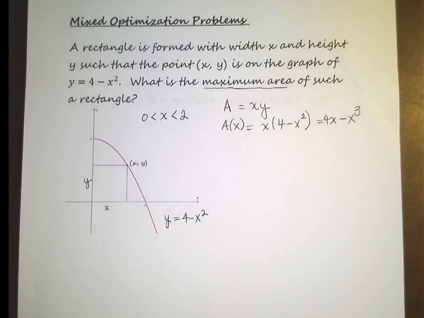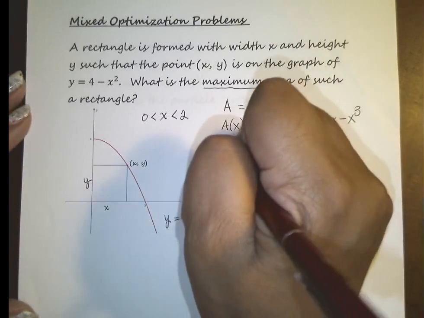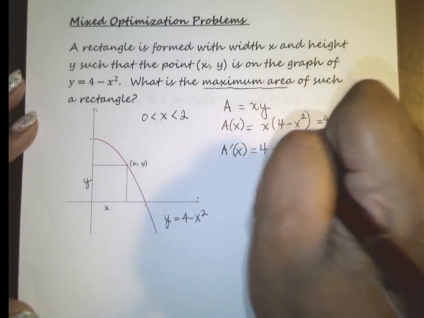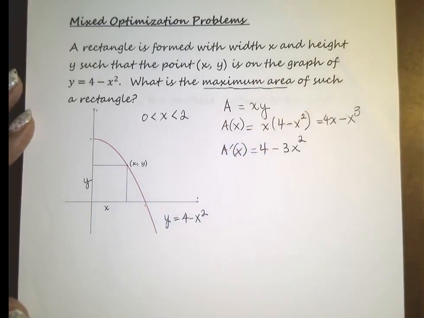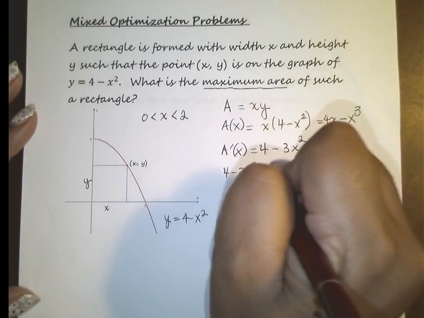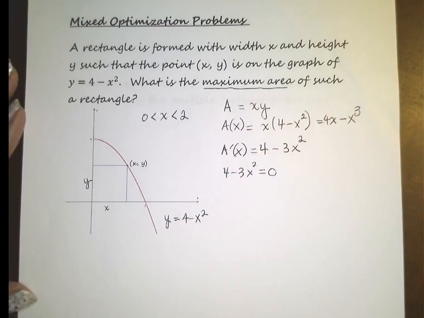Since we want to maximize the area, we need to find the derivative of the area function. A prime of x is equal to 4 minus 3x squared. I'm going to set this derivative equal to 0 to find the critical points.